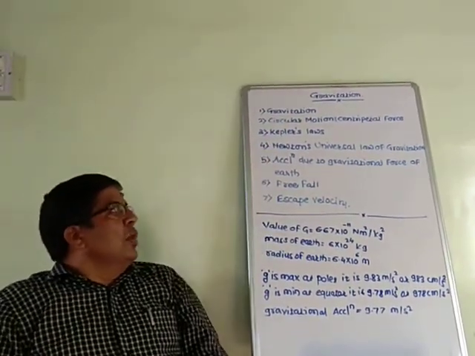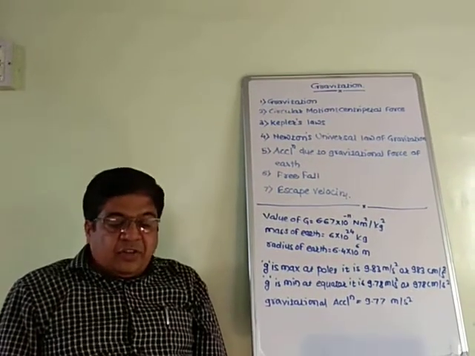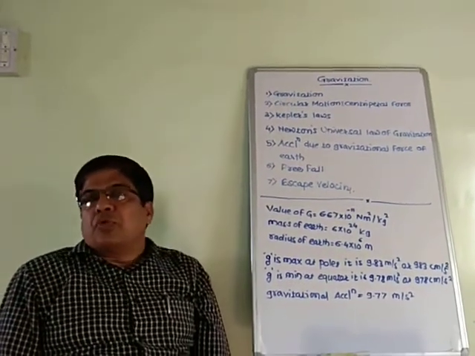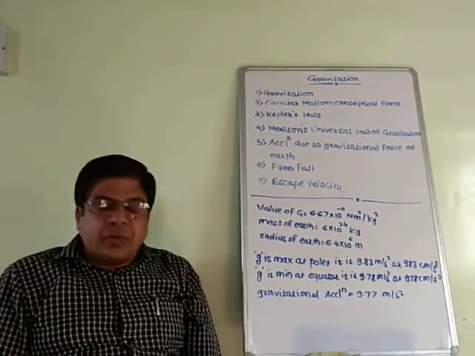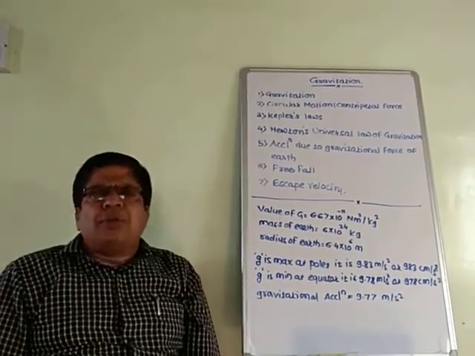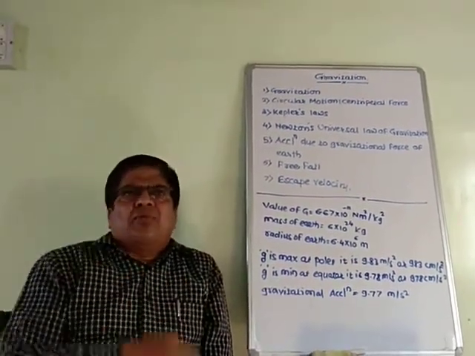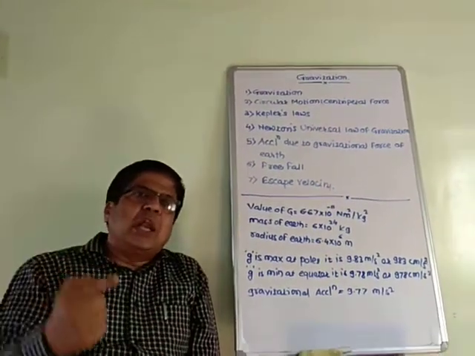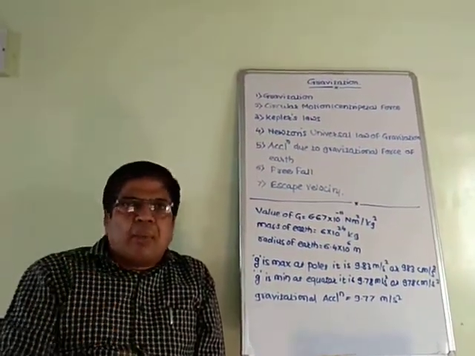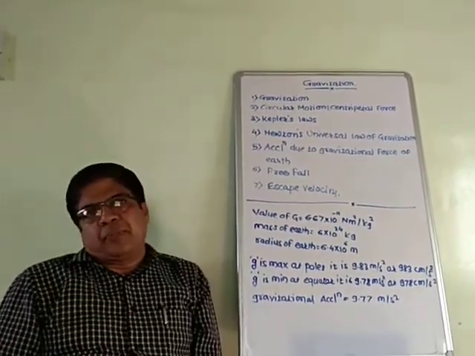Now the fourth point is Newton's universal law of gravitation. Newton put forth the law of gravity, which is this one. Every object in the universe attracts every other object with a force which is directly proportional to the product of their masses and inversely proportional to the square of the distance between them.